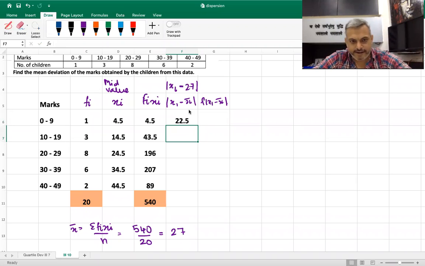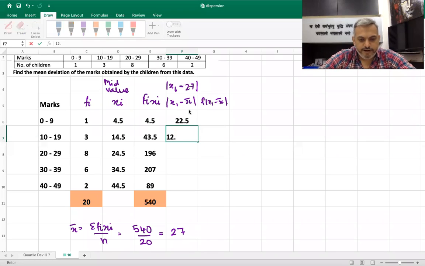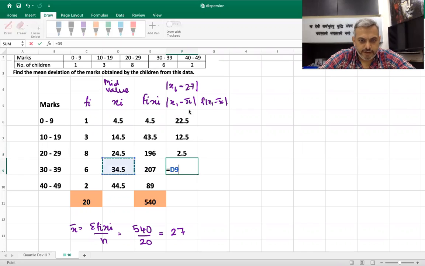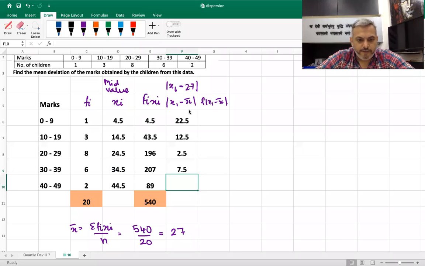Again, 14.5, so 12.5. 24.5, so 2.5. 34.5 minus 27 is 7.5, and 17.5.